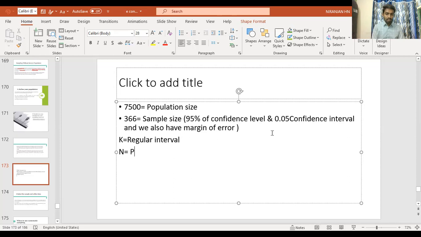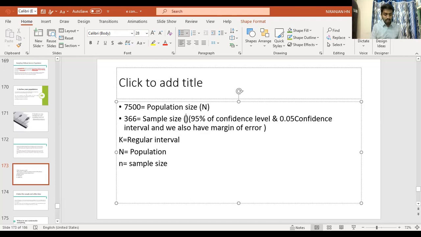It denotes the population, whereas small n denotes the sample size. So now you have an idea of what is K, what is N, what is small n. Capital N is the population size, and small n is the sample size.